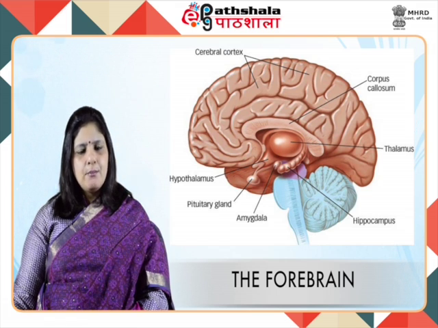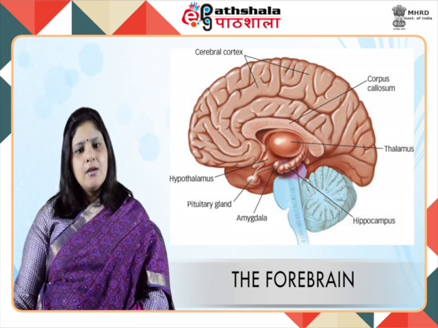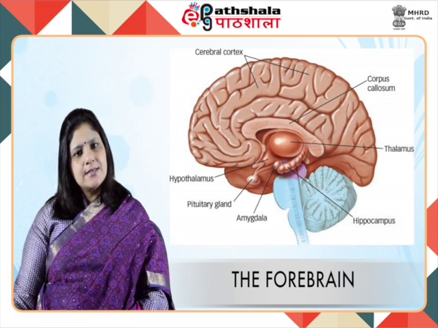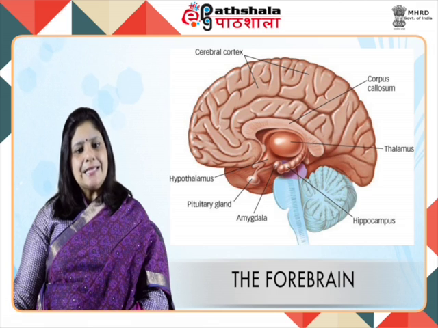The forebrain is composed of the following: first, the limbic system, which consists of two structures, the hippocampus and the amygdala; second, the thalamus, referred to as the brain's sensory switchboard; third, the hypothalamus, which regulates basic biological needs; and fourth, the cerebral cortex. The cortex is the outer portion of the forebrain, like a thin covering.